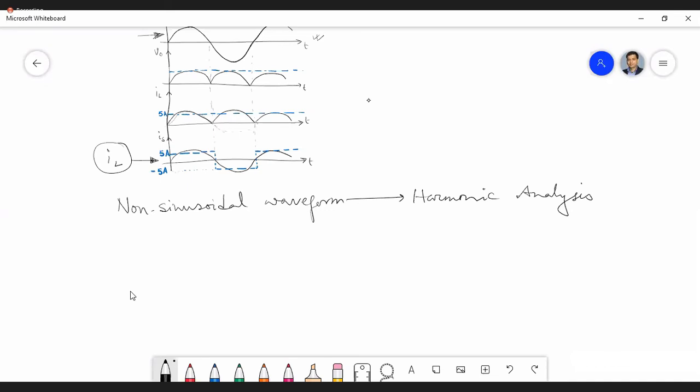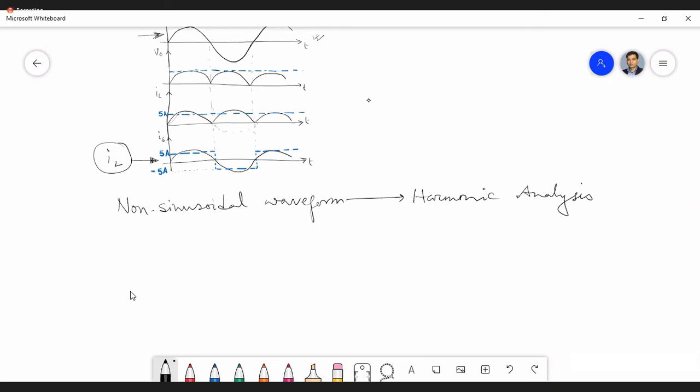It is no longer non-sinusoidal; by splitting it, we at least get some sinusoidal waveforms. And for sinusoidal things we have developed mathematics that is called phasor algebra. From phasor algebra we can find out the reactance, which is based on the sinusoidal assumption.